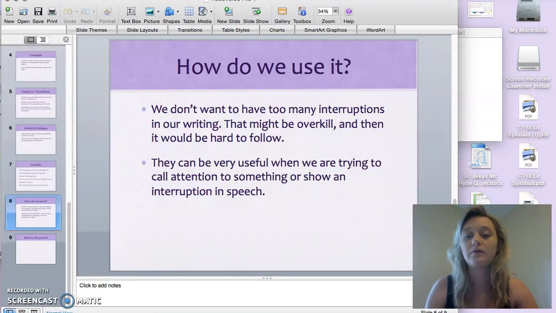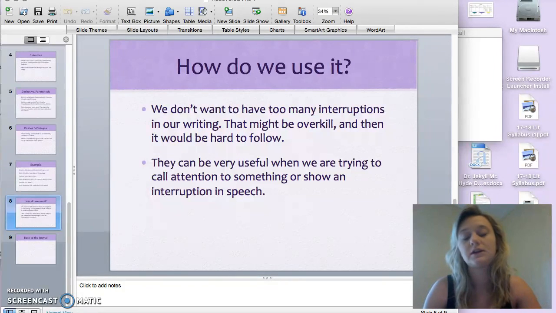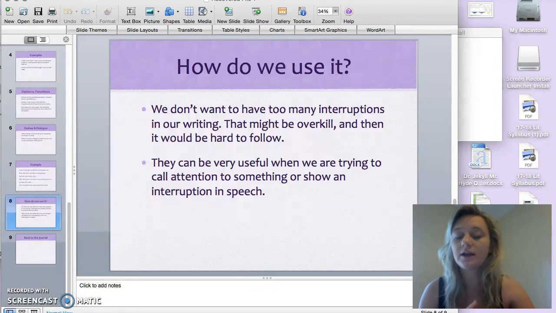It can be a very short piece or a long piece, and we're going to share with each other the excerpts that we revise to use a dash. It only has to be a small part, but I think it would be good for us to use some of our own writing and see places where we want to draw attention.